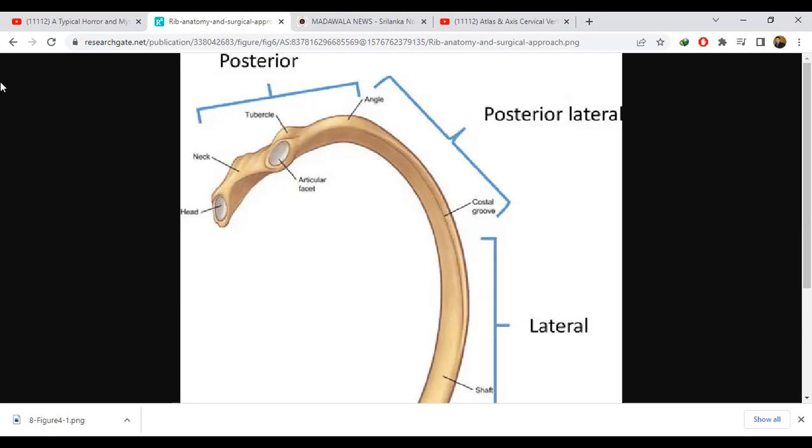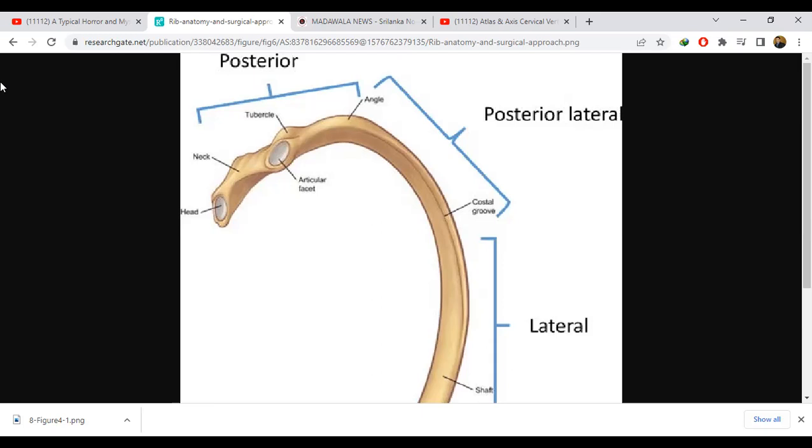Could you please label the head in your diagram? Done, sir. Could you please label the tubercle in your diagram? Done, sir.